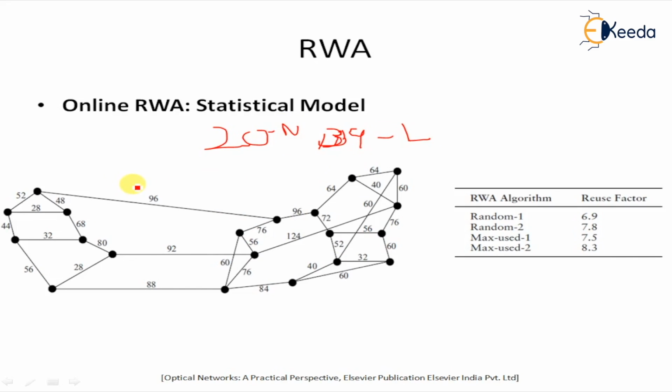Consider 32 wavelengths available on each link, with uniform traffic. The reuse factor is obtained by using each of the above four RWA algorithms, Random 1, Random 2, Max Used 1, and Max Used 2, for a blocking probability of 1% in the table.